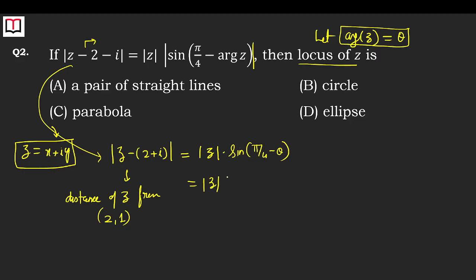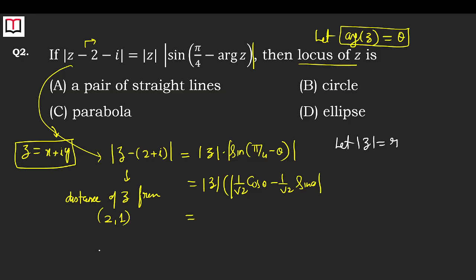Mod of z into 1 by root 2 cos theta minus 1 by root 2 sine theta, and we have mod here also. So now, the distance of z from the fixed point 2 plus iota. Let's say mod of z is r.